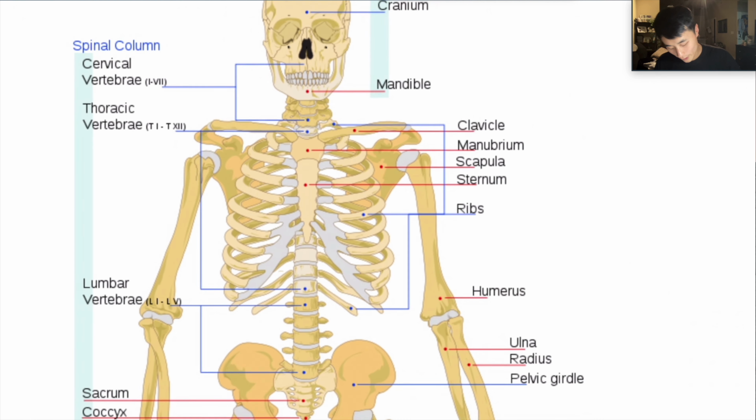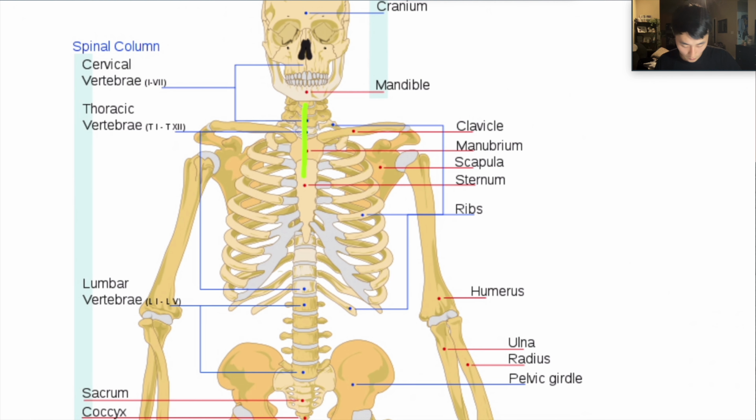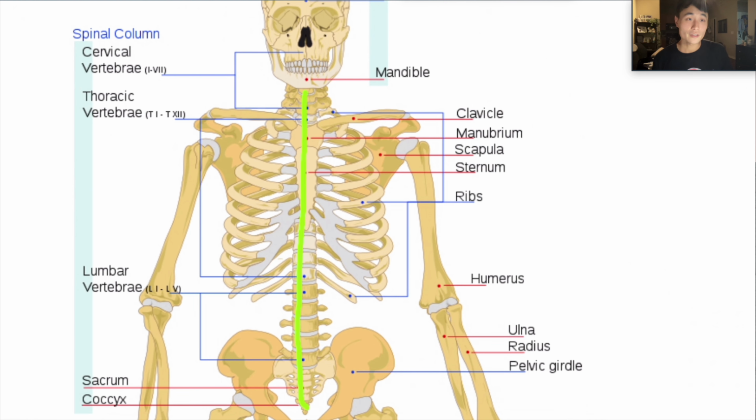So the next type of bones that we're going to look at are vertebrae. So vertebrae are this line of bones that creates your posture. There are different types of vertebrae. We distinguish them by where they are located. So there are cervical vertebrae, which are located near the neck, so around this area. And then there are thoracic vertebrae, which are located where the ribs are located, so around this area.